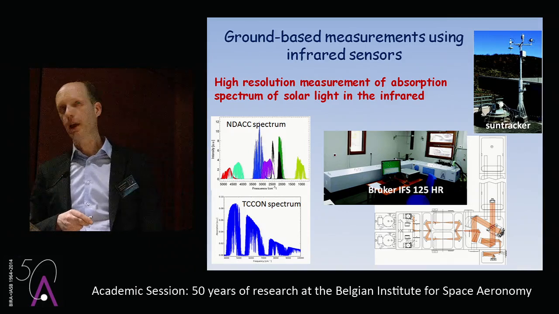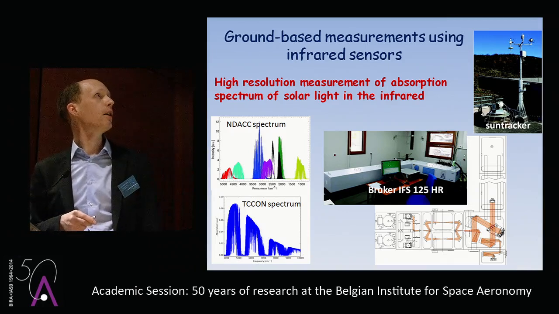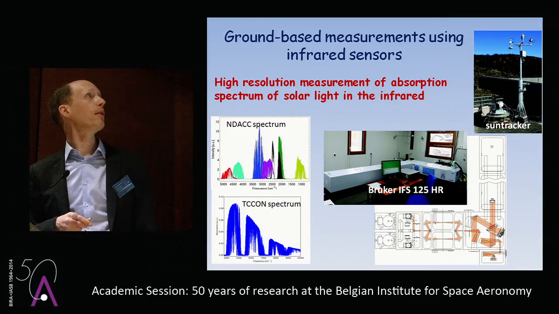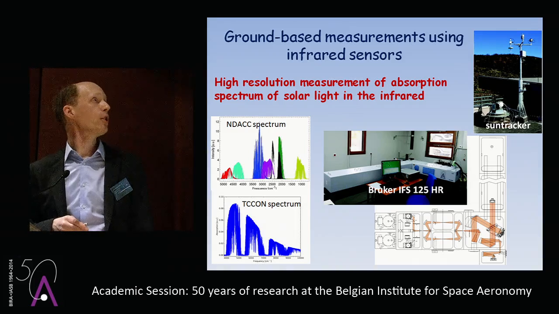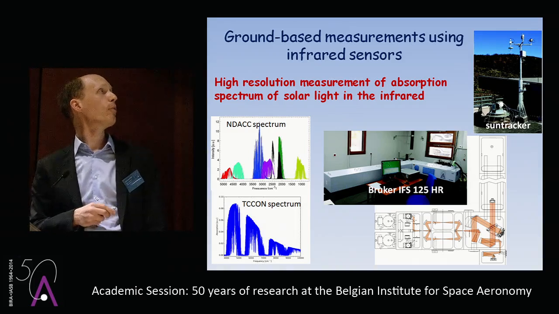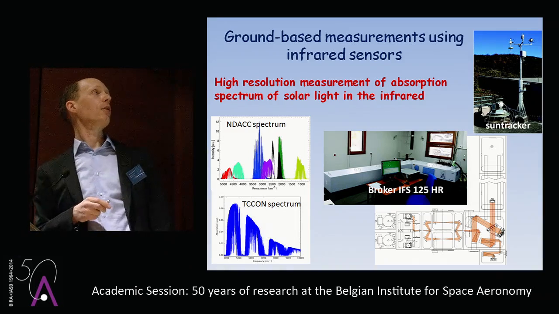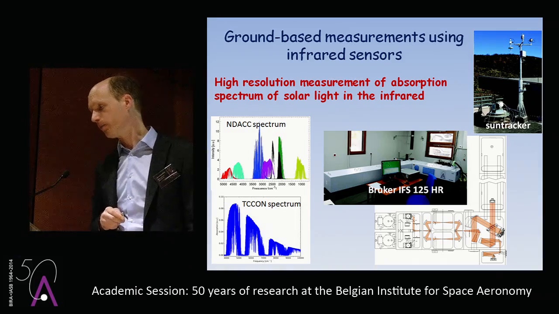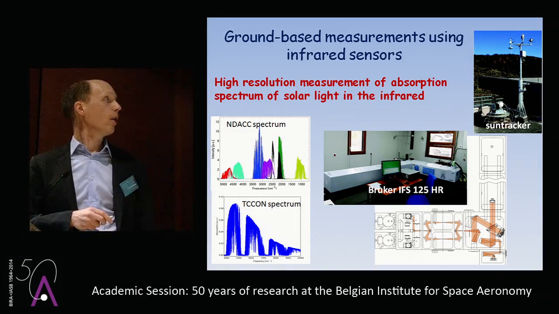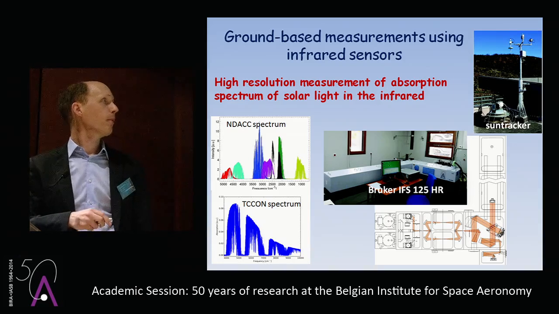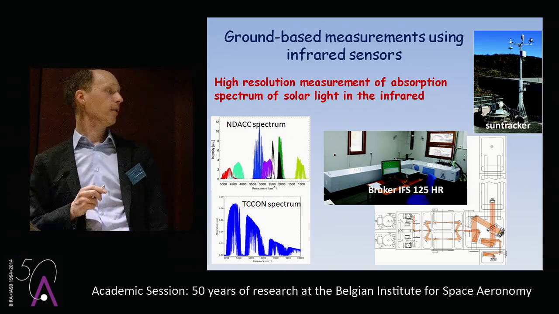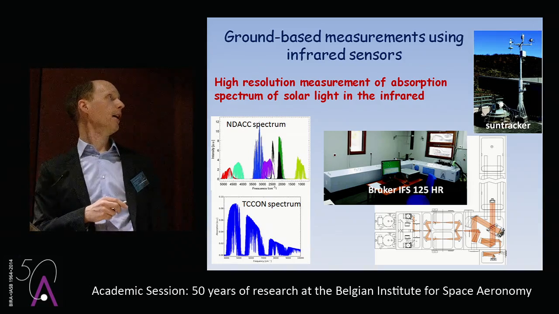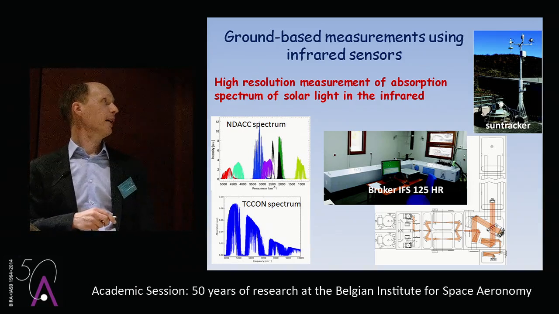But the Institute also has a long-standing experience in the measurement of atmospheric composition using absorption spectrum measurements of solar light in the infrared. You see here some spectrum. I will not try to explain everything that's going on here because I'm not an expert.